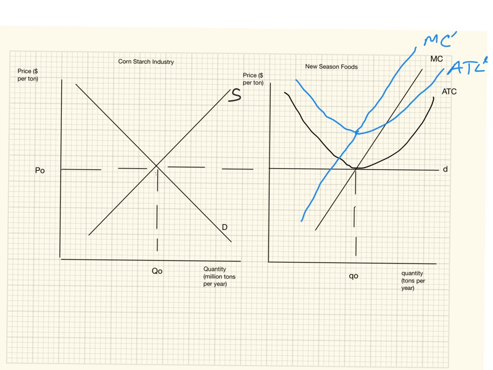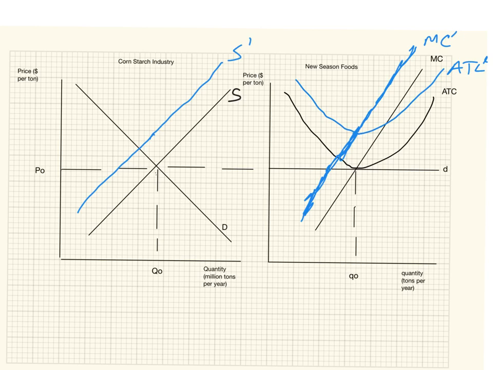And the key here is that if each firm in the industry experienced this rise in their marginal costs, and that's the assumption, then the industry supply curve, that is just the industry marginal cost curve, would shift up by that same amount. That's a little bit too crooked even for me. I'm not the world's greatest artist, as you guys already know. There we go. A little bit better.